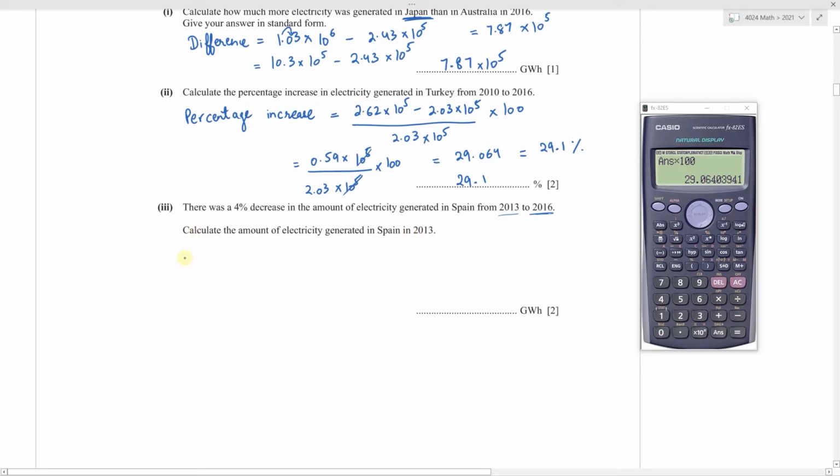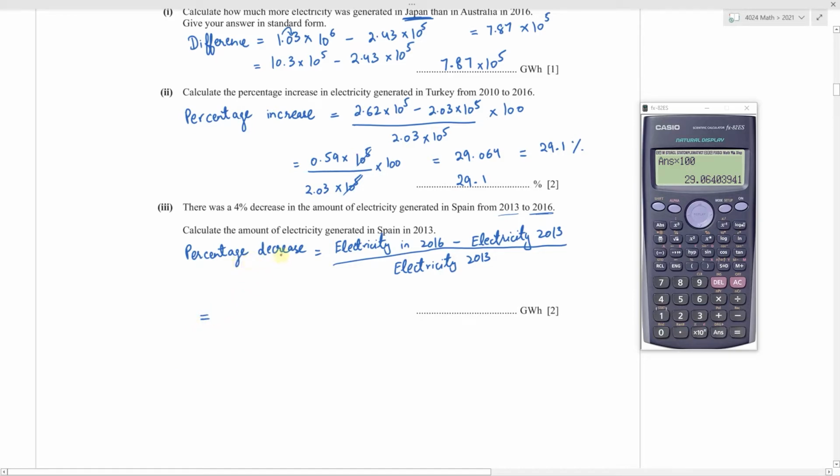So again, your percentage decrease will be your final value, which is electricity in 2016 minus the electricity in 2013 divided by electricity in 2013, which is the original value.